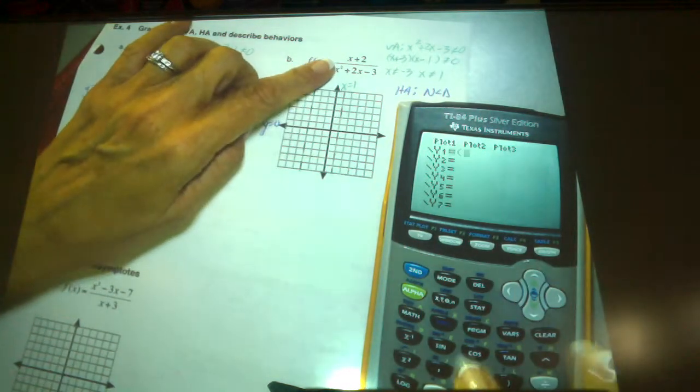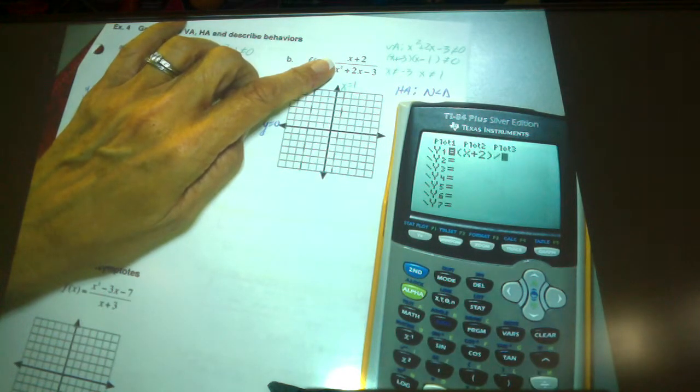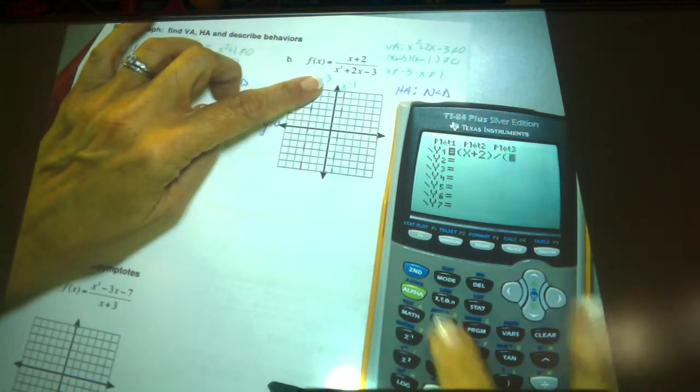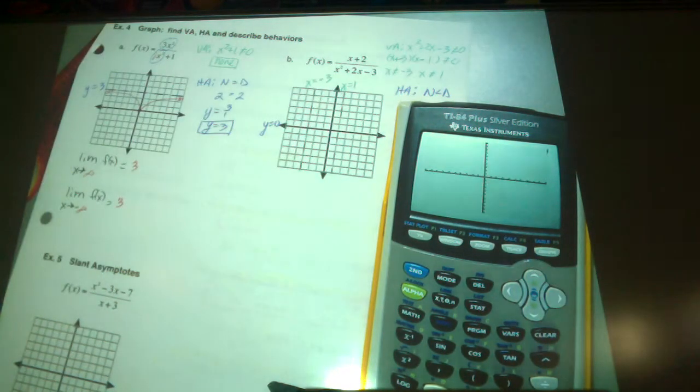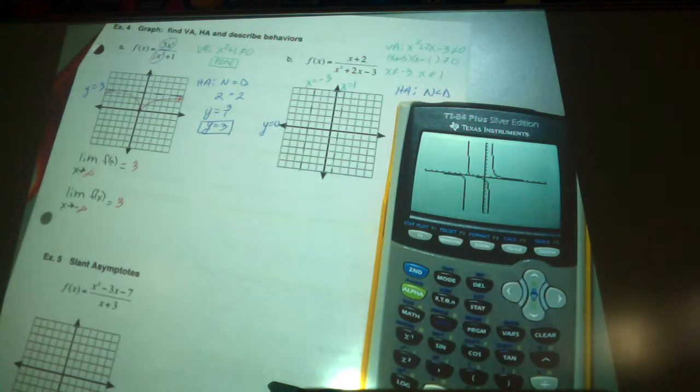So parentheses x plus 2 divided by parentheses x squared plus 2x minus 3. If you want to find exactly where it's crossing the y-axis, you can find the 0 by using the calculator.